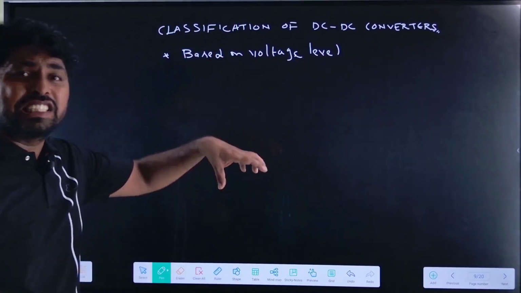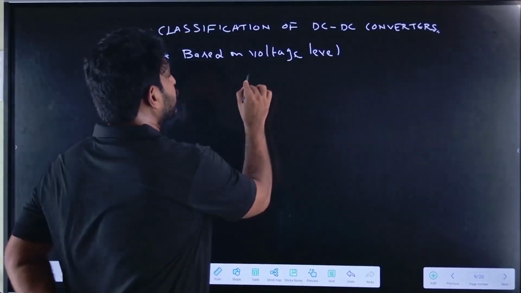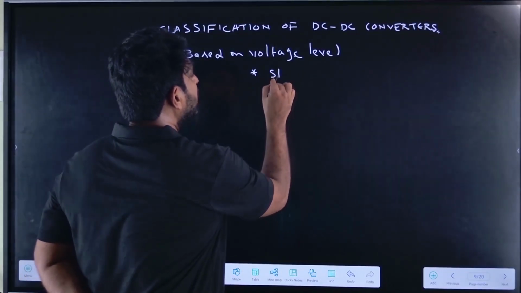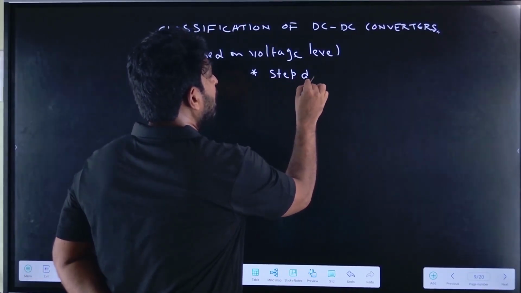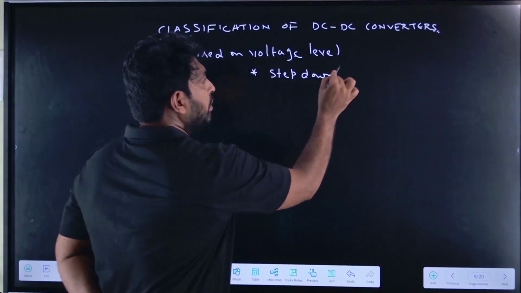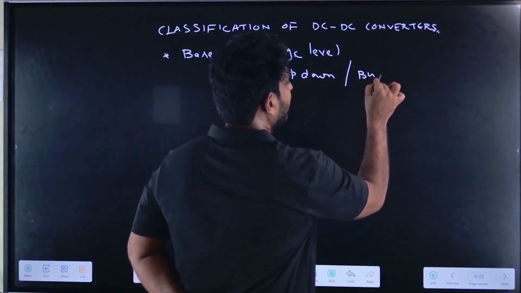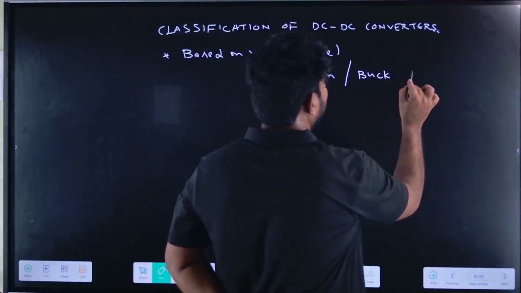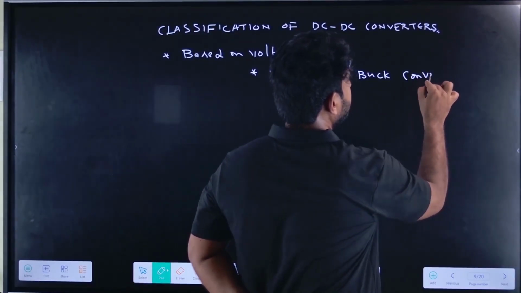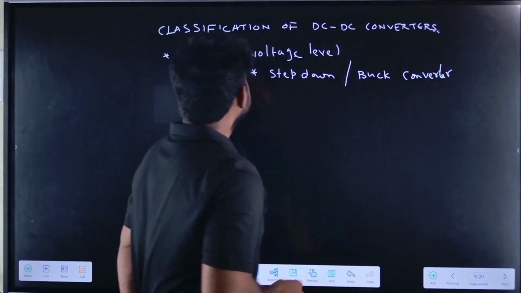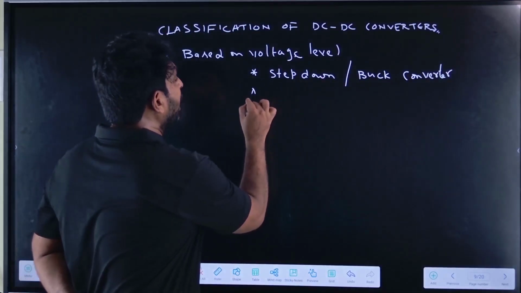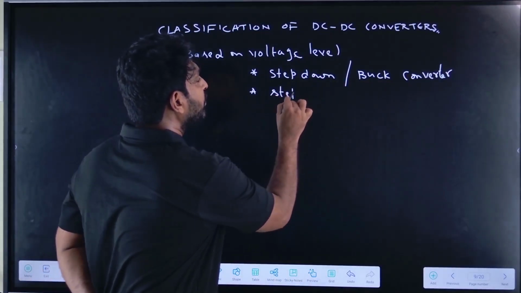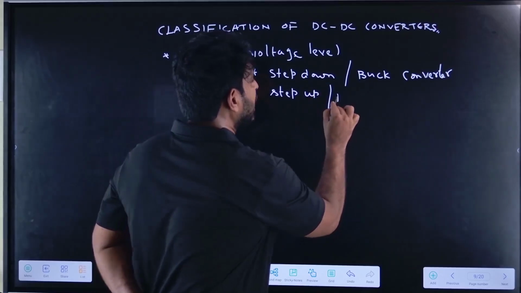The DC to DC converters are classified into step down or buck converter. Step down chopper, it can also be called a chopper. So buck converter. The second classification is step up or boost converter.